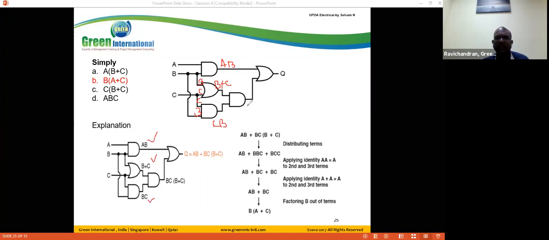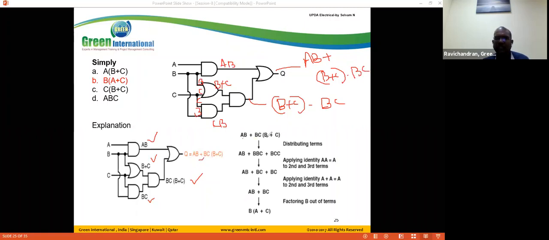Next, it is AND gate. So the output of the AND gate is B plus C and BC. So here we write that. So here we have an OR gate. So OR gate A plus AB plus this value.